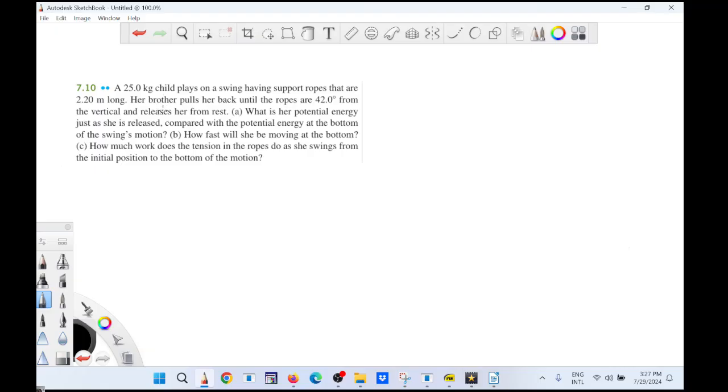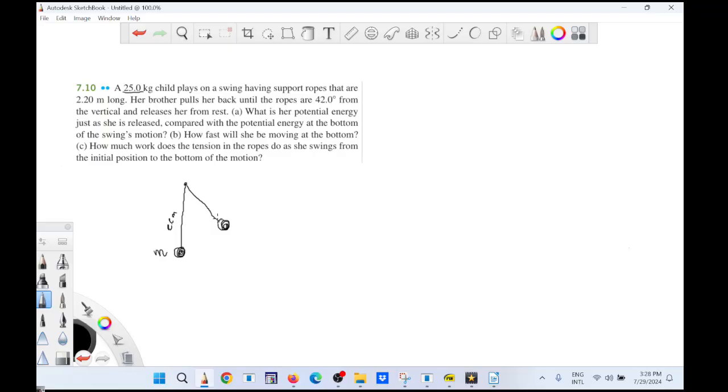So this one is easy. It comes also from your textbook, end of chapter problems. And you just need to have a drawing. So you have a swing. So you have the mass M, which is 25 kilogram, and here it's 2.2 meters, the length. Now she's above here.